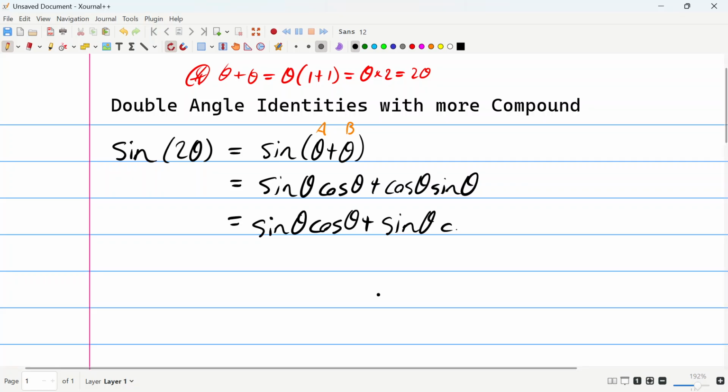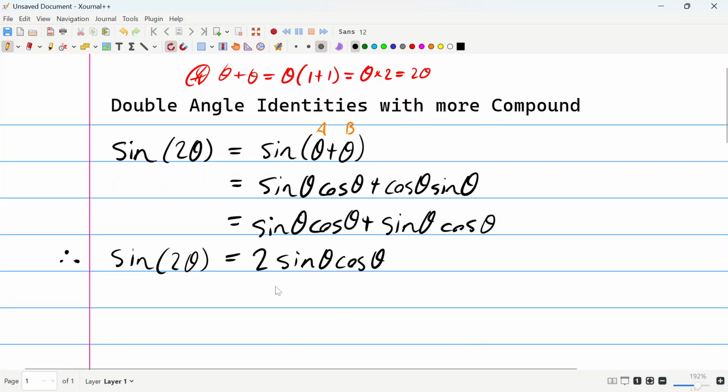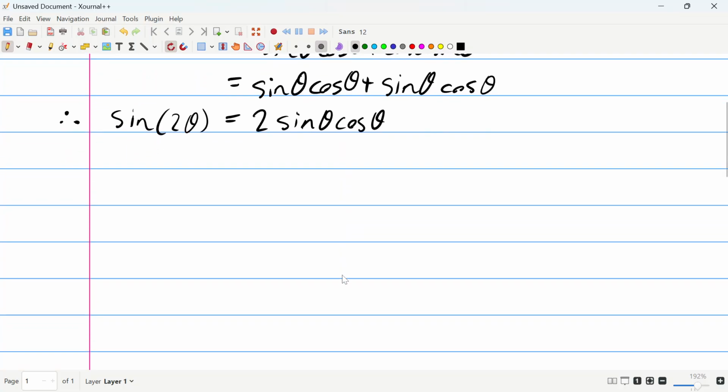Then because we have 2 of them, this will just be 2 sine theta cos theta. And there we go. This is the double angle of sine, which is 2 sine theta cos theta.